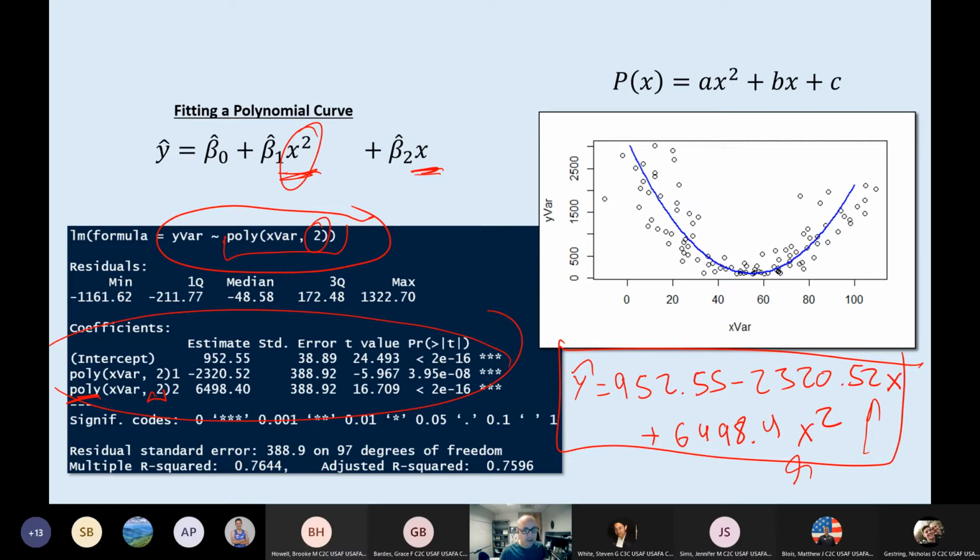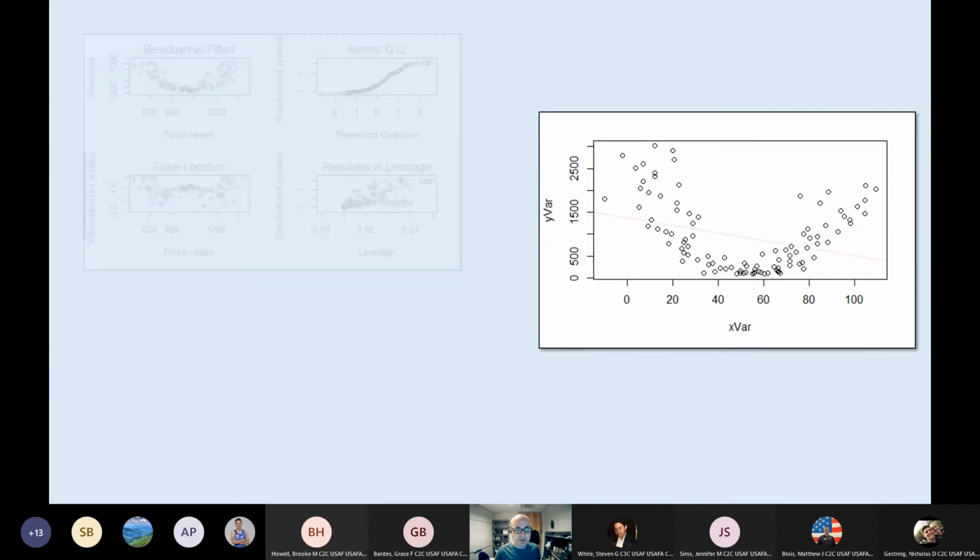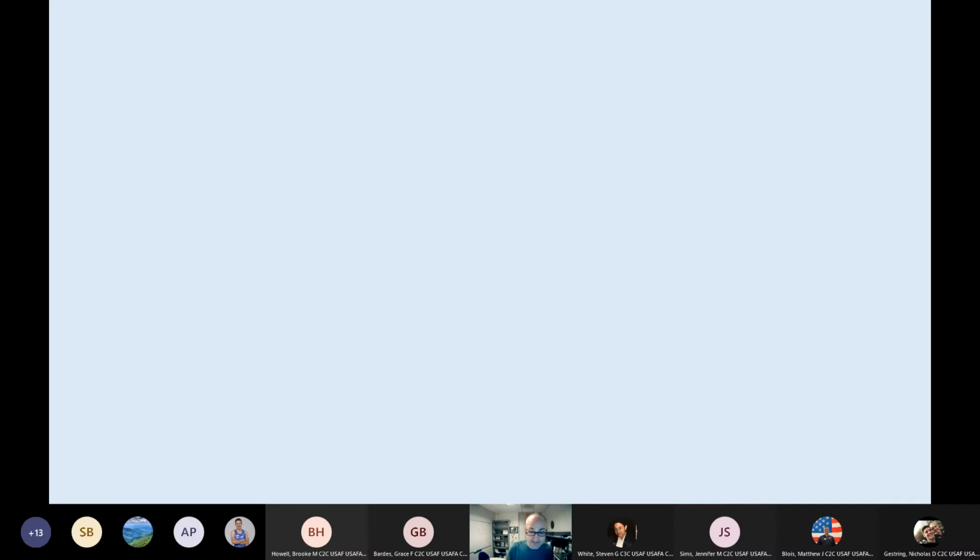Okay, so let's try this. R actually has a few data sets that are just built in. You don't have to import them at all. One of them is a data set called mtcars. That's just a data set about some general car information. It includes variables for miles per gallon, cylinder, displacement, horsepower, weight, some things like that, right?